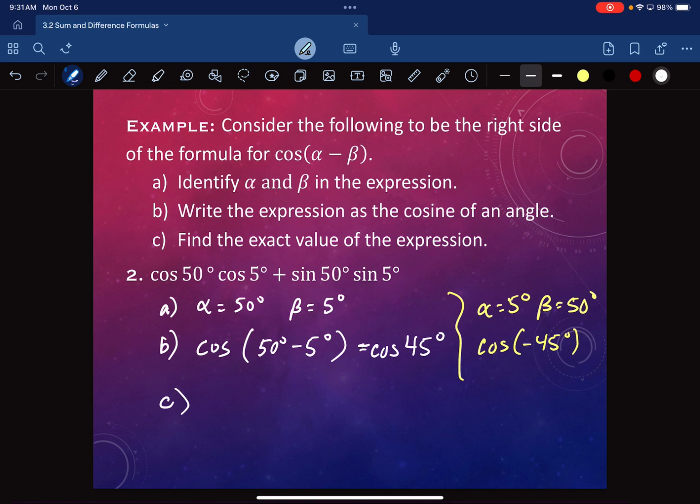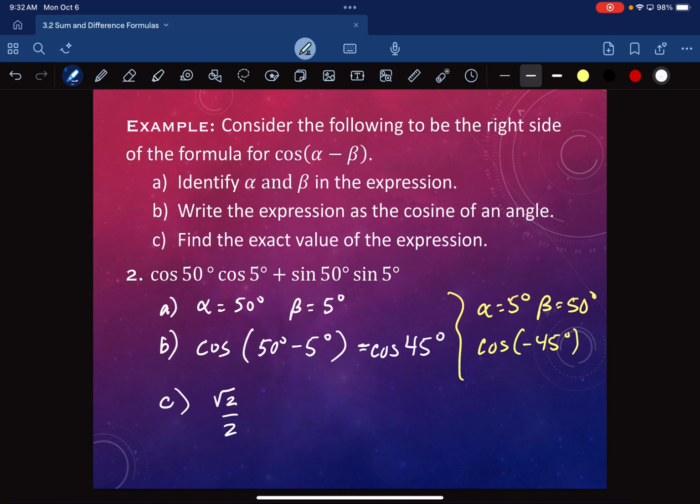Part C says, find the exact value of the expression. So, what is the cosine of 45 degrees? Square root of 2 over 2. Okay, how could we make sure we're right? You can plug it back into your calculator, right?